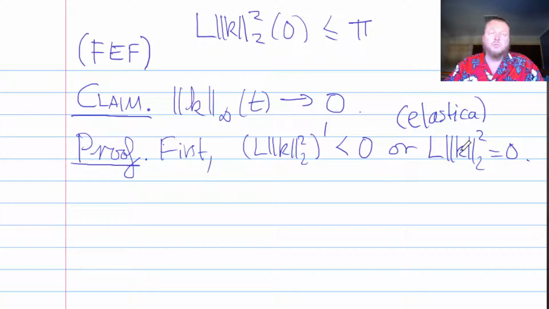Because we have a full classification of elastica, in particular, we know all the elastica that satisfy our boundary conditions, and those are the rectangular elastica with a multiple of half periods. So you can have 1 half period, you can have 74 half periods, whatever you like.